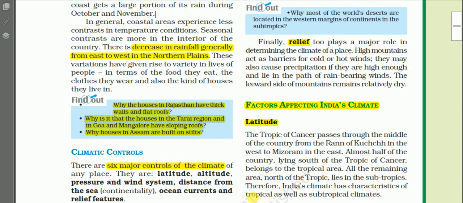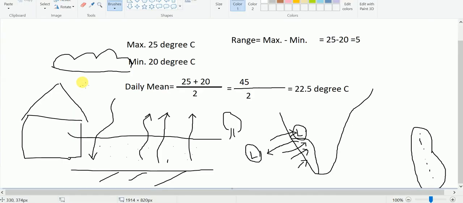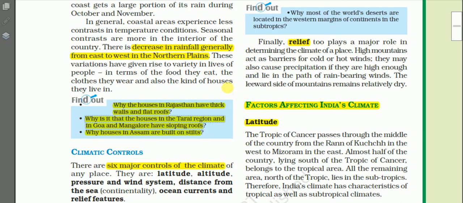So when there is rainfall, the rainwater goes down quickly, and because of that we need these steep slopes of roofs in the Terai region.